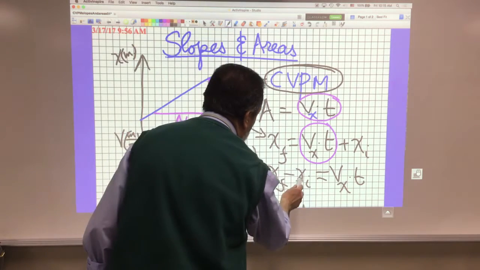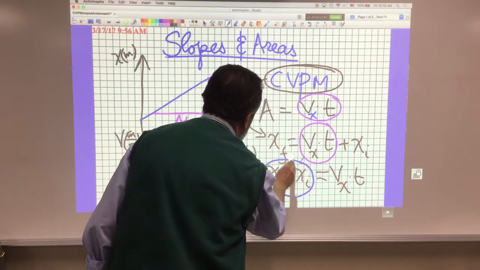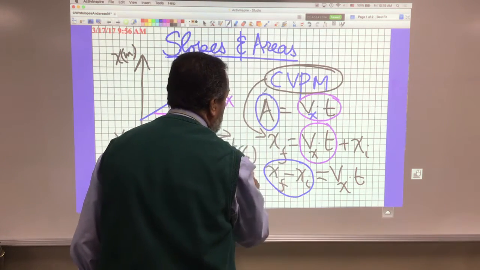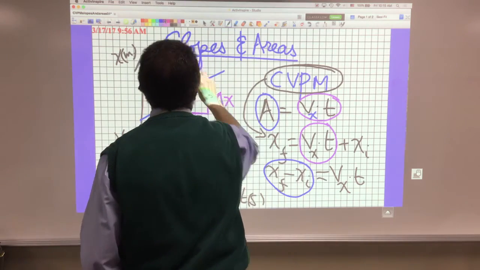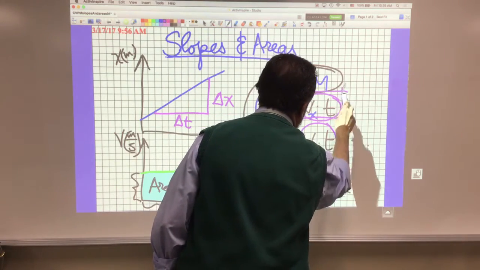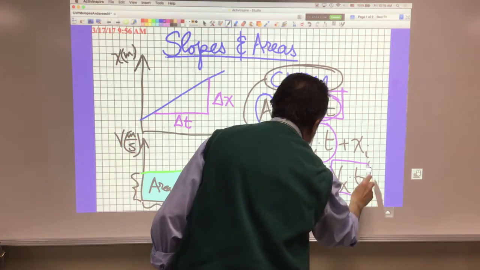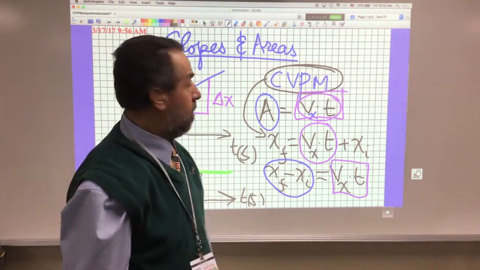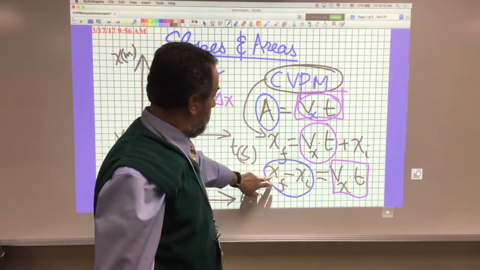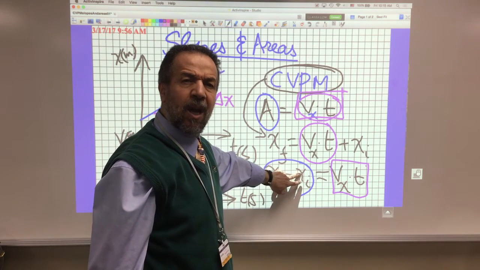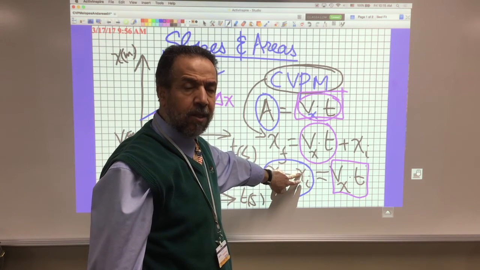Notice how this is going to match with that, while this is going to match with that. So the area then is representing xf minus xi. Well, what in the world is xf minus xi?